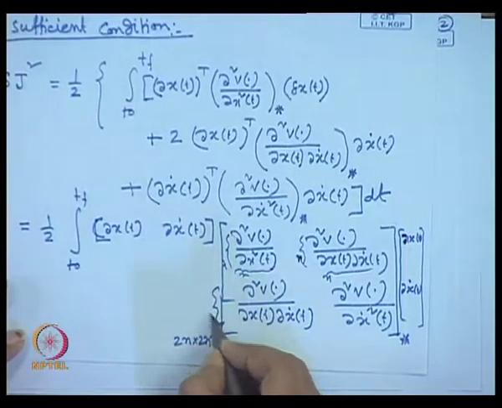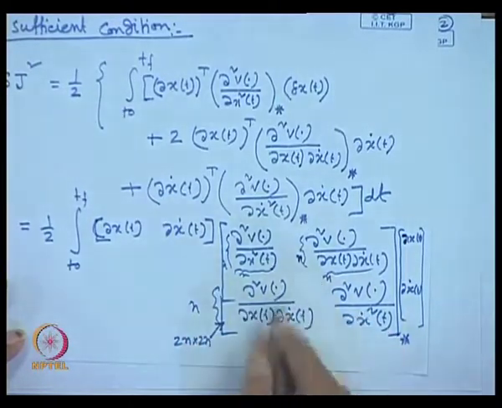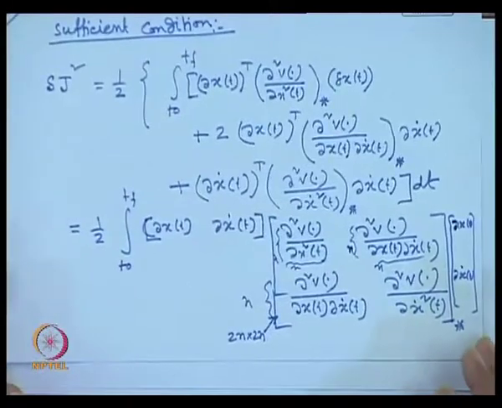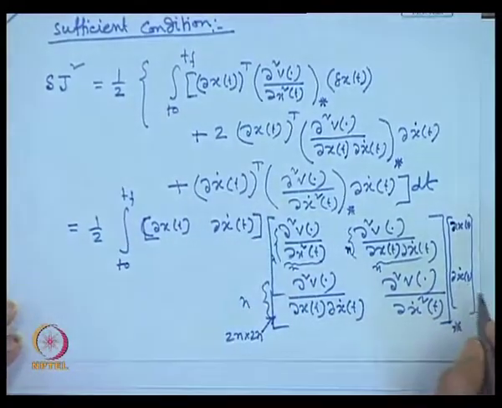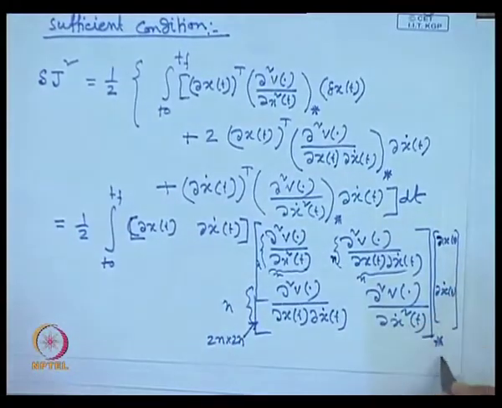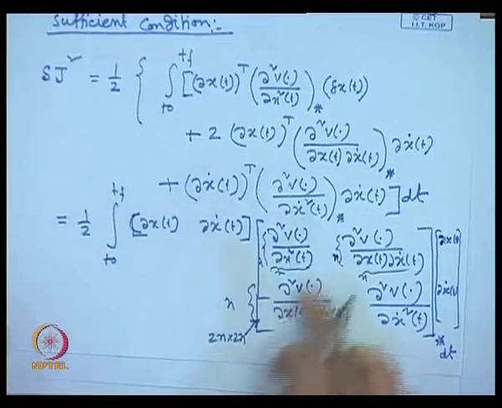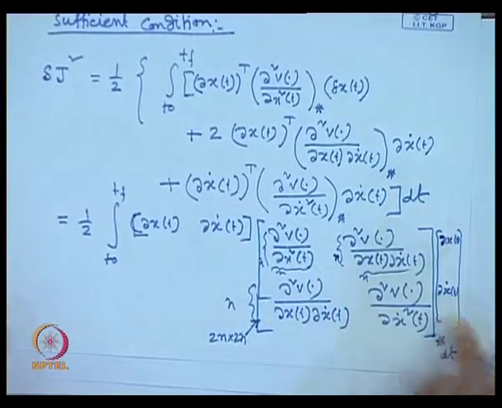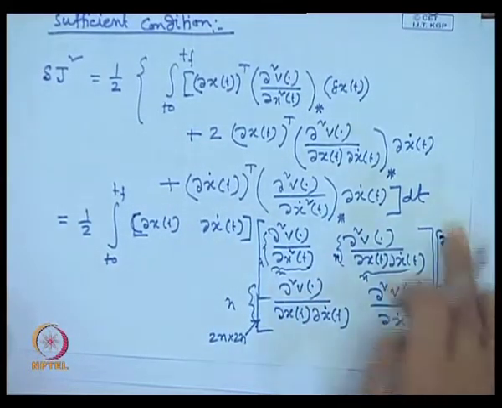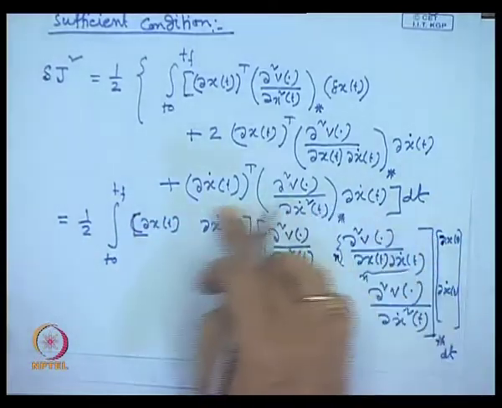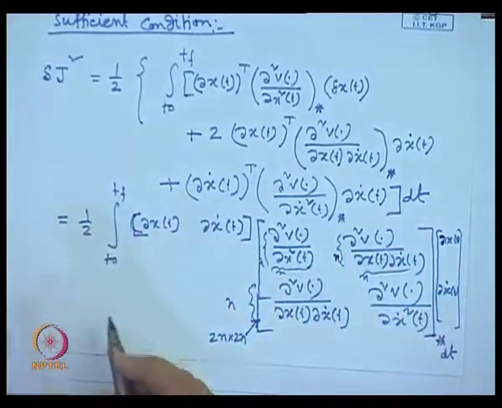Similarly, this one is n rows, n columns. Now, in order to differentiate this whole thing with respect to dt, this is a row vector multiplied by a column vector, so this whole quantity is a scalar quantity, same as this one.